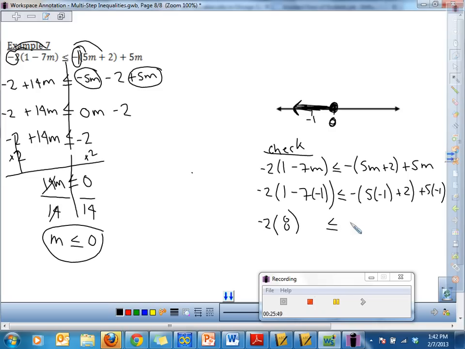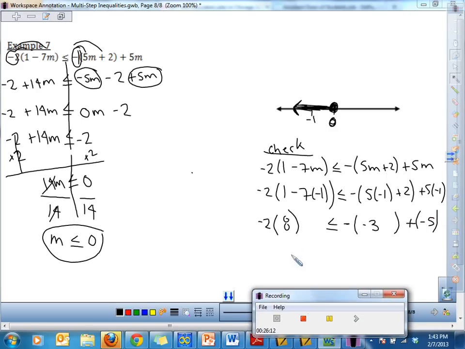Negative 2 times 8 is negative 16, is less than or equal to, I'm going to keep my negative here, and I'm going to simplify what's inside of these parentheses. 5 times negative 1 is negative 5, plus 2 is negative 3, and I'm going to also simplify this. 5 times negative 1 is a negative 5. Let's just put this whole thing in our calculator.